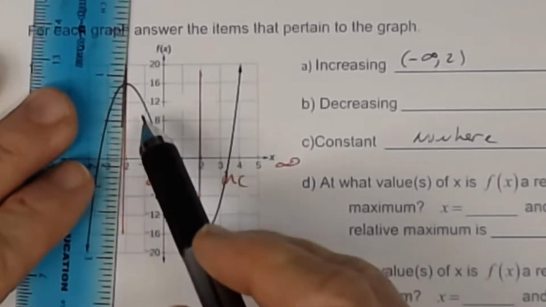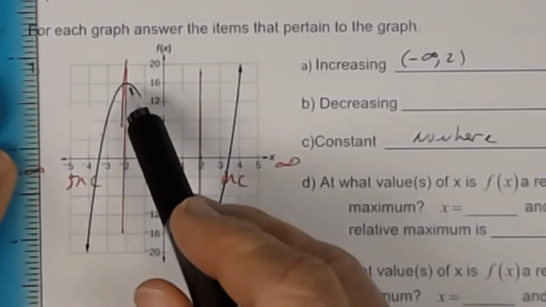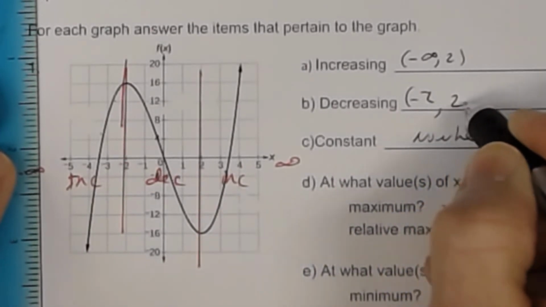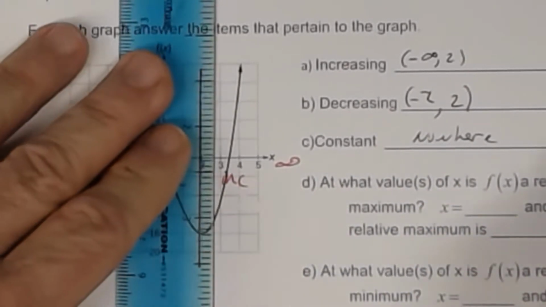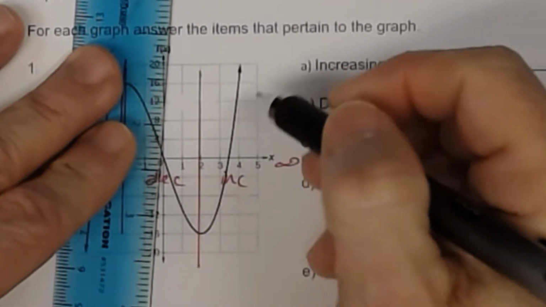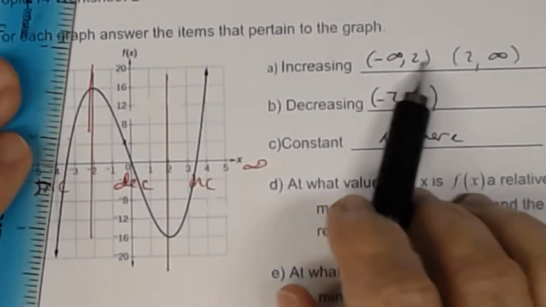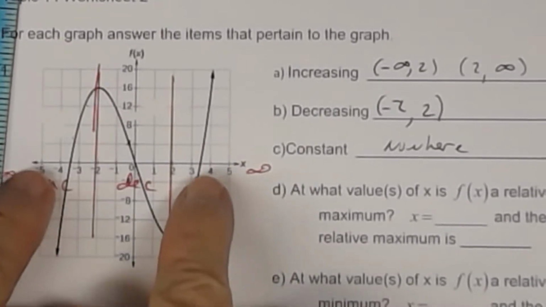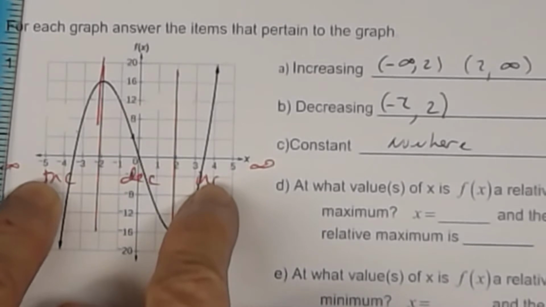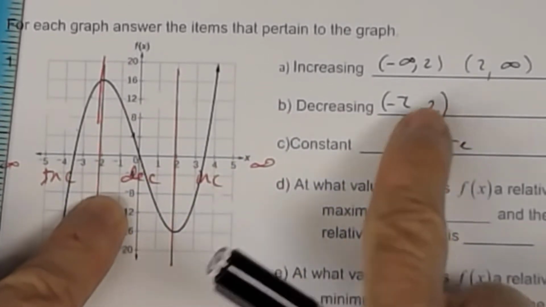And then from -2 to +2, your y values are decreasing. And then from 2 to infinity, your y values are increasing. So there are two parts of the x-axis where your y values are increasing, and only one part of the x-axis where your y values are decreasing.